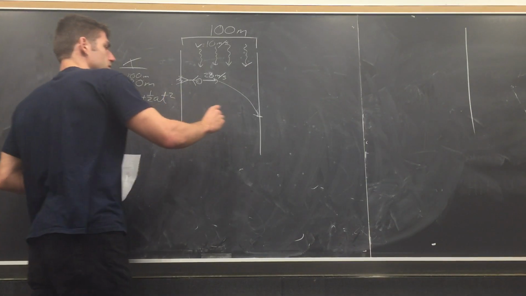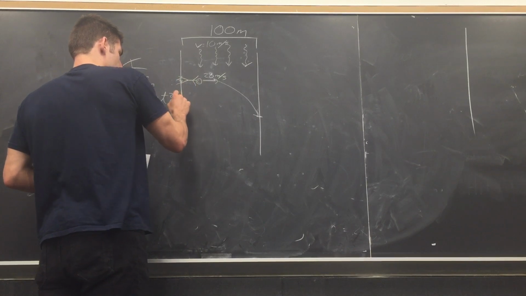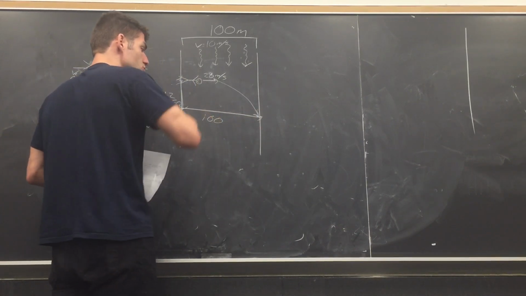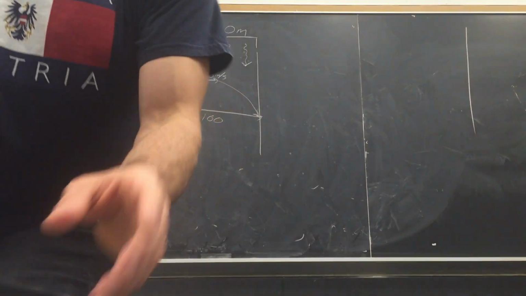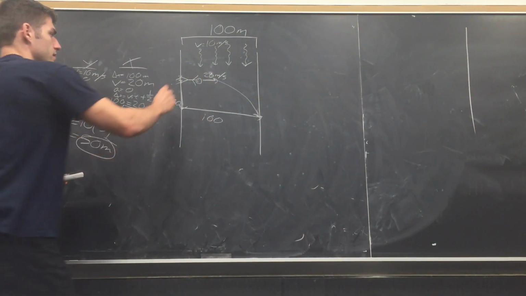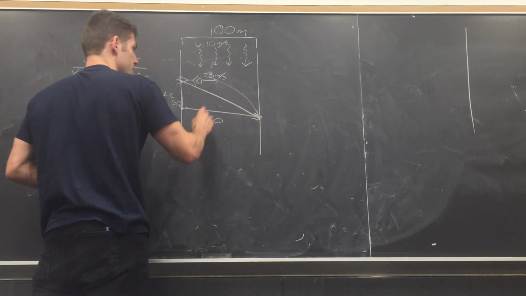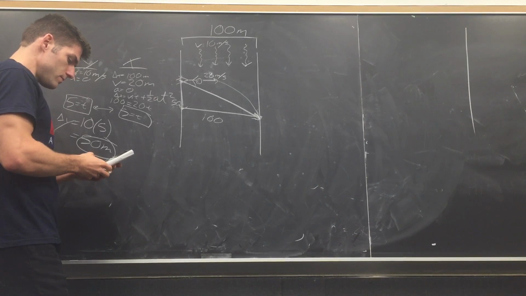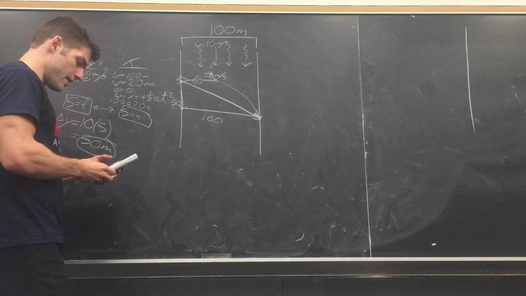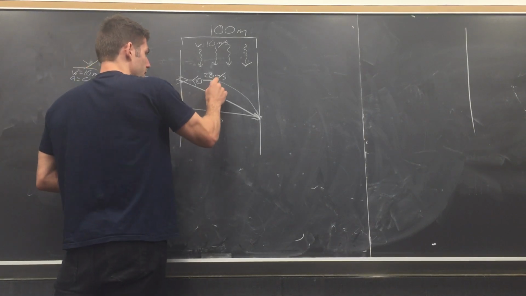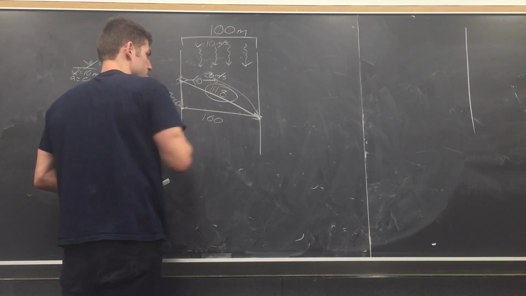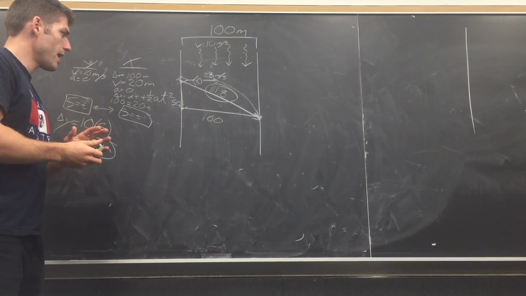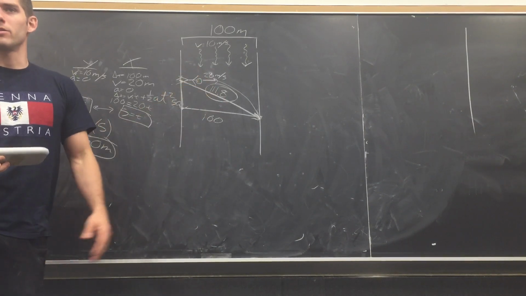Well, for that I'd have to take the fact that this is 50 meters down and that's 100 meters to the right, and do the Pythagorean theorem to figure out the actual straight-line distance, the hypotenuse. 100 squared plus 50 squared, square root of that is 111.8. So that would be the answer, 111.8 meters.